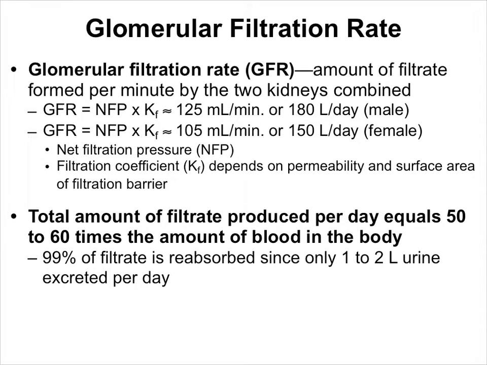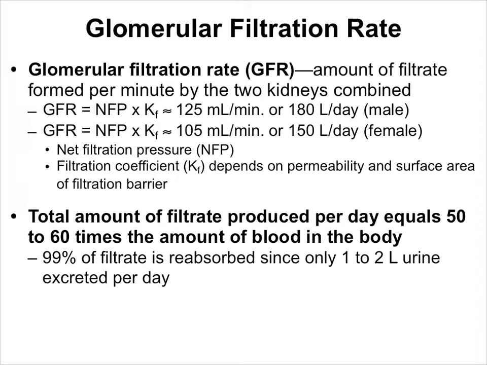A typical glomerular filtration rate is your net filtration pressure, that's what we just calculated on the last slide, times the filtration coefficient, which is dependent upon the amount of surface area you have and the permeability of your glomerulus.